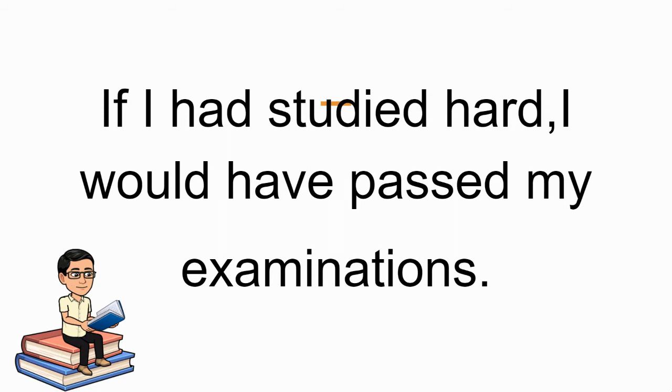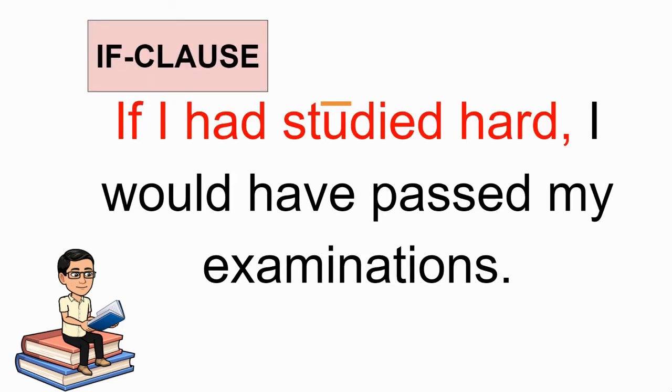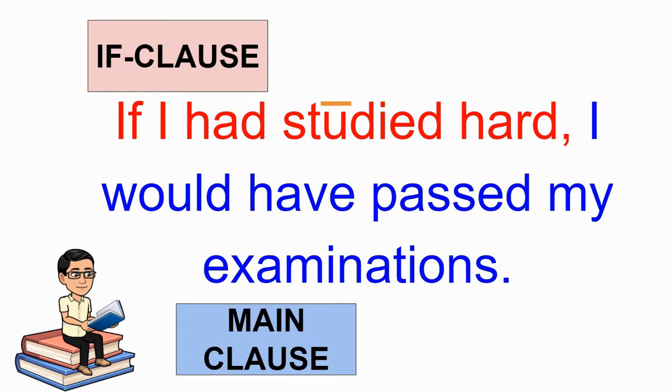Now, let's identify the parts of the conditional sentence in the given example. The if clause is, if I had studied hard. Very good. And the main clause is, I would have passed my examinations.